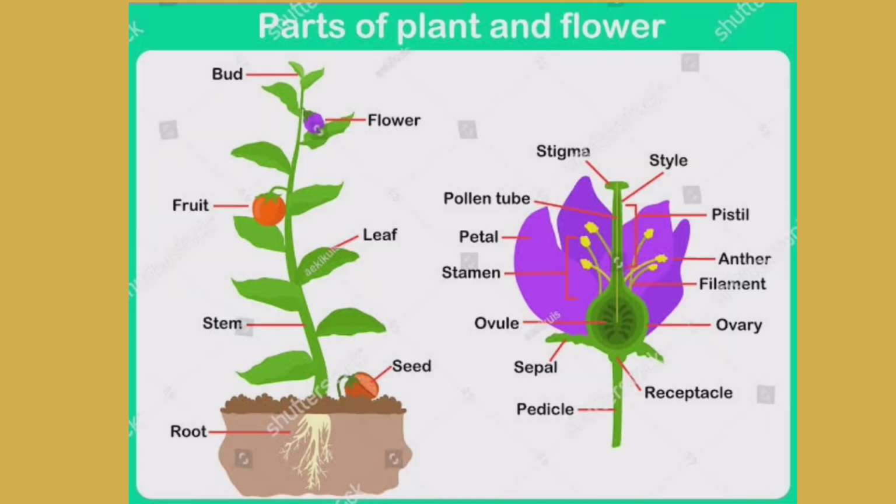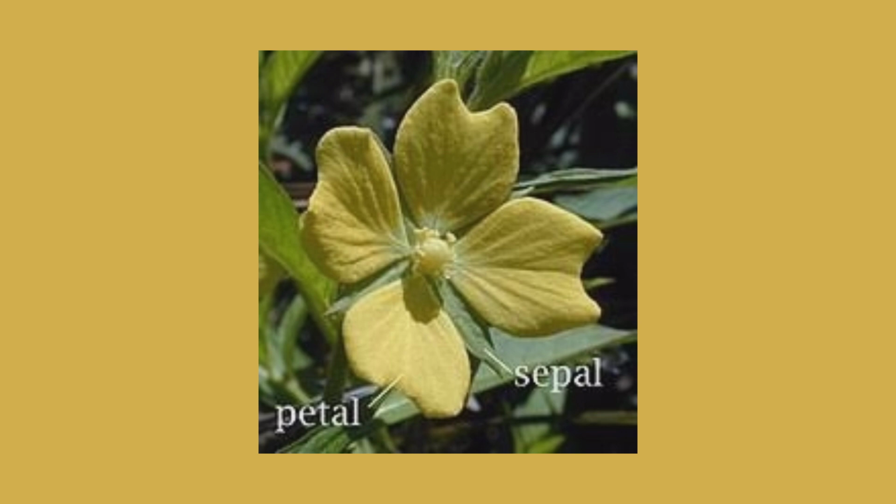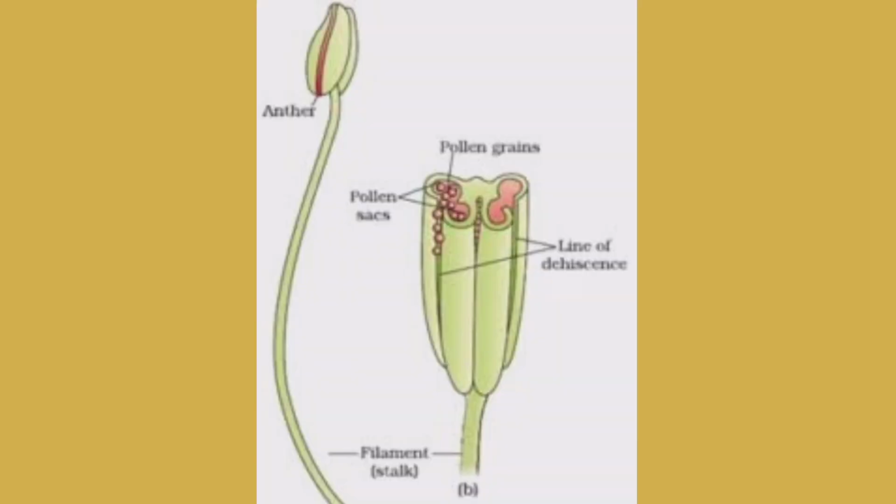Corolla or petal: it is the second whorl of the flower and its individual segment is known as a petal. Function of petals: petals are brightly colored with sweet smell and nectar, which help in attracting insects. Androecium, also called the stamen, is the third whorl of the flower.